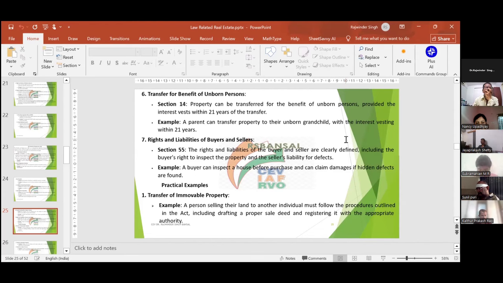So, transfer of immovable property. For example, a person selling their land to another individual must follow the procedure outlined in the Act, including drafting a proper sale deed and registering it with the appropriate authority. In case of immovable property, it has to be registered with the competent authority, with the sub-registrar or registrar as the case may be.